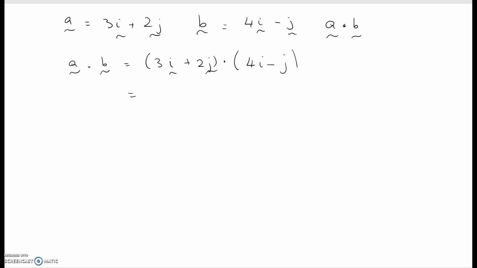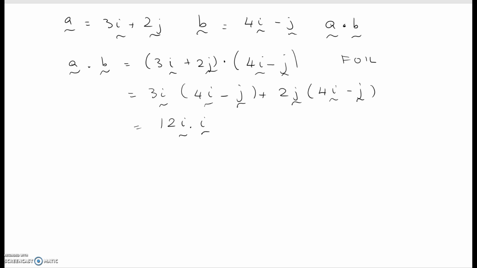Okay, so using FOIL, then we've got 3i times 4i minus j plus 2j times 4i minus j, and multiplying that out, that would be 12 i dot i minus 3 i dot j plus 8 j dot i minus 2 j dot j.